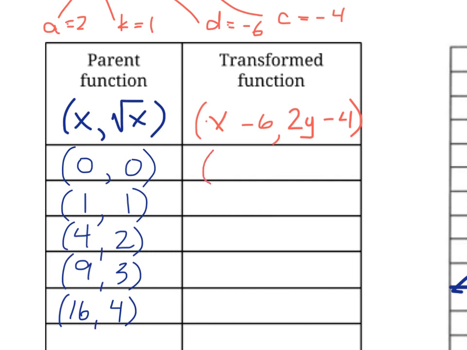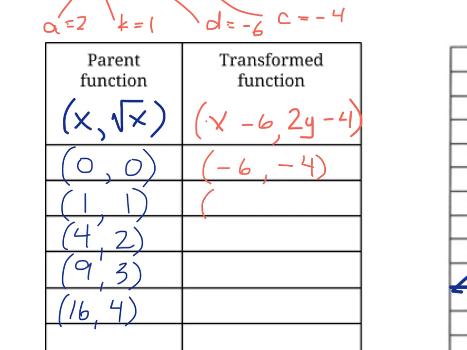So for example, 0, 0. If we plug in x for 0, we're going to get negative 6. And if we plug in y for 0 up here, 2 times 0 minus 4, we're going to get minus 4. Do the same thing with 1, 1.